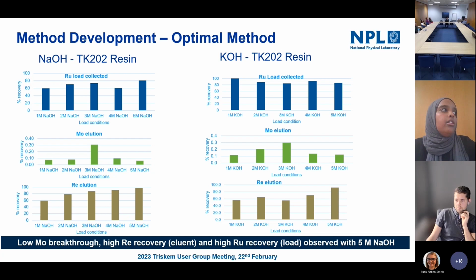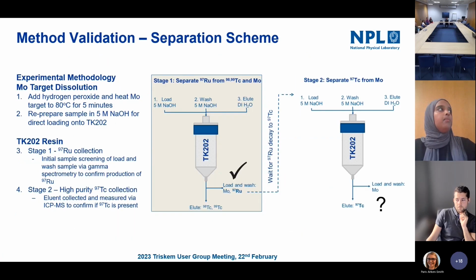From that, the optimal molarity used for the final procedure was 5 molar sodium hydroxide, simply because the lowest molybdenum breakthrough was observed with that load condition. So it's just some results of the validation that was done.